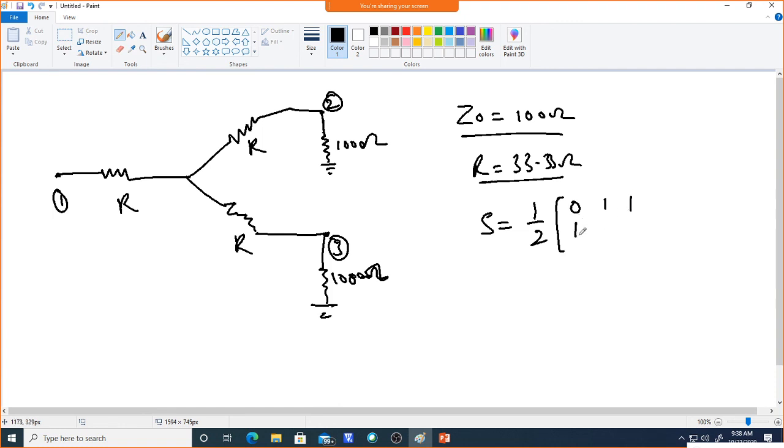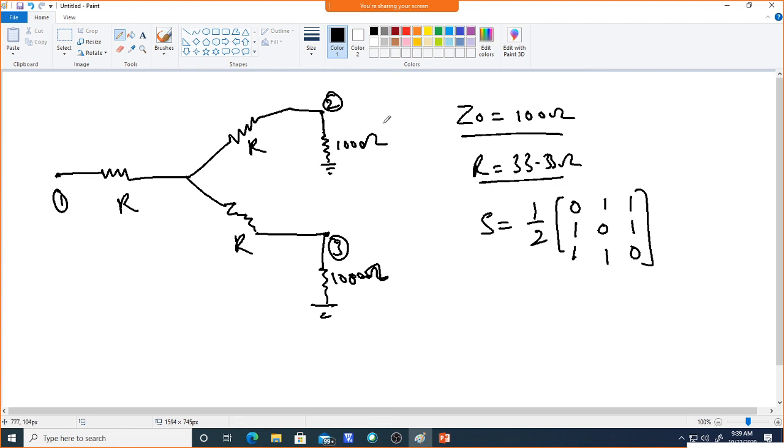Since it is symmetric, S21 and S31 will be 1, and similarly between 2 and 3. So this is the S matrix.